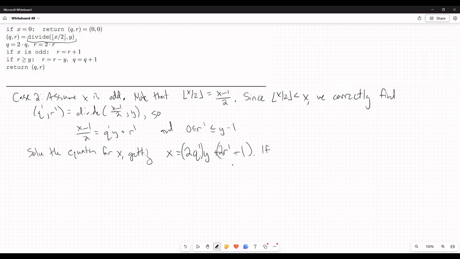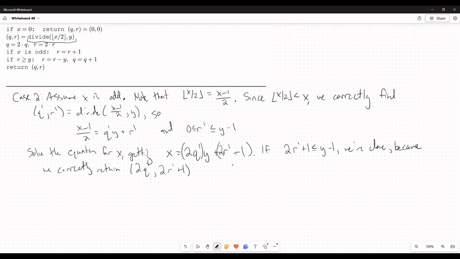And then if 2r prime plus 1 is less than or equal to y minus 1, we're done, because we correctly return q prime and then 2r prime plus 1.